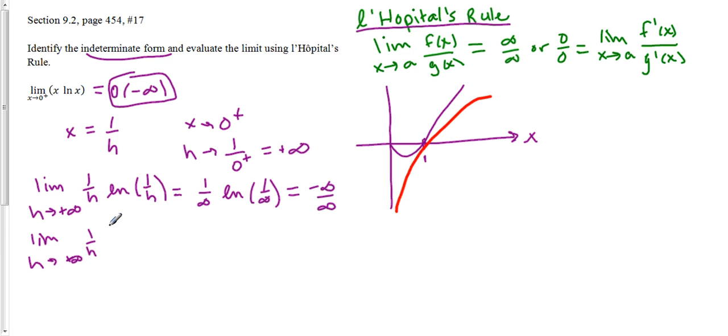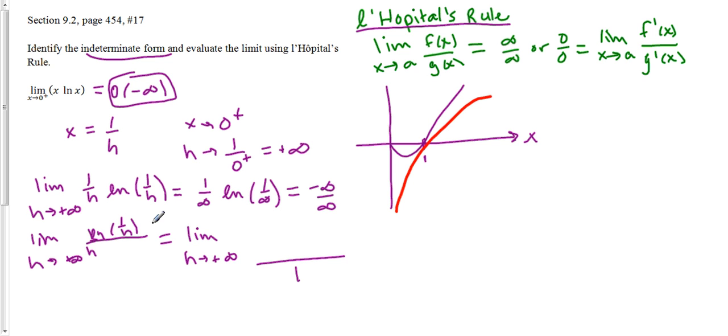So I'm going to have to apply L'Hopital's rule. What I have here is the natural log of 1 over h, and I'm going to take the derivative of the numerator and the denominator separately. So this is still going to be a limit as h goes to positive infinity. I'm going to take the derivative of the denominator first, because that's just going to be 1.